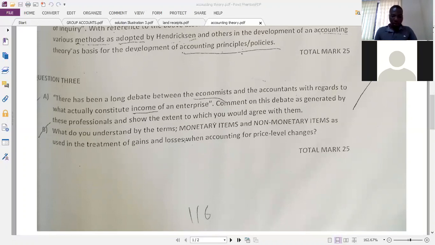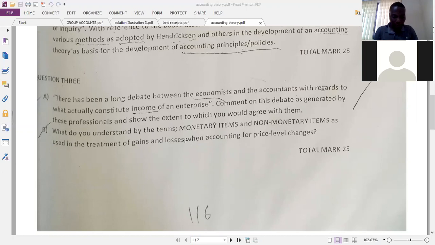Monetary assets include cash, debtors, loans. So these are some of the monetary assets: cash, debtors, and loans, so you giving loans to people.